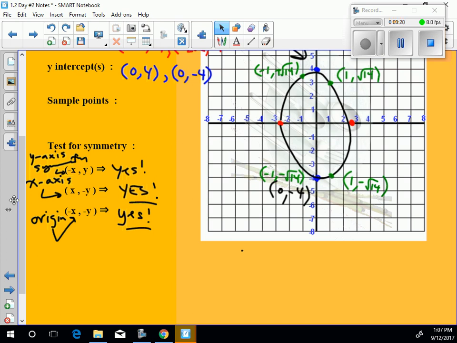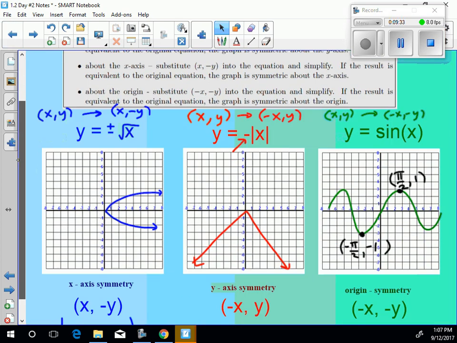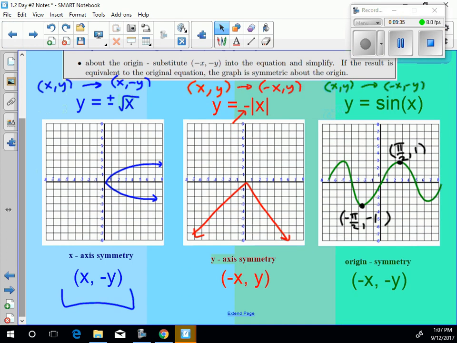Yes, sir. If it has origin, does it have to have x and y? No. Go back an example. This has origin. Does it have x? Does it have y? But if it has x and y, it has to have origin. Good question.